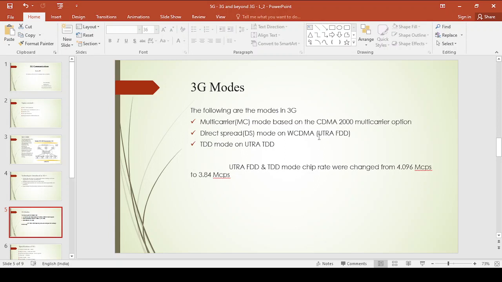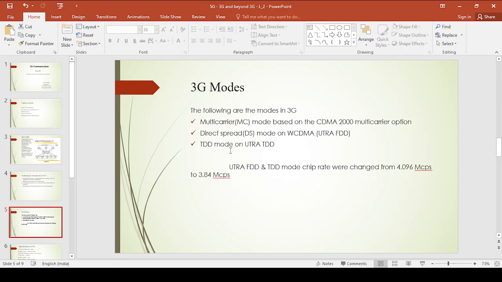FDD is frequency division duplex, in which spectrum accessing is based on two different frequencies. And TDD is time division duplex, in which spectrum accessing is based on different time slots. Now coming to the next mode of 3G, we have TDD mode.